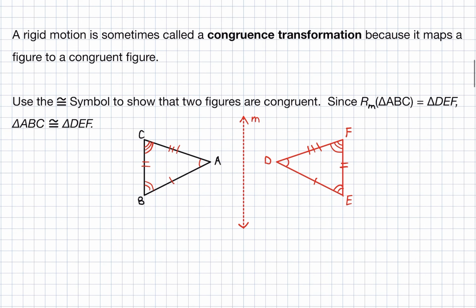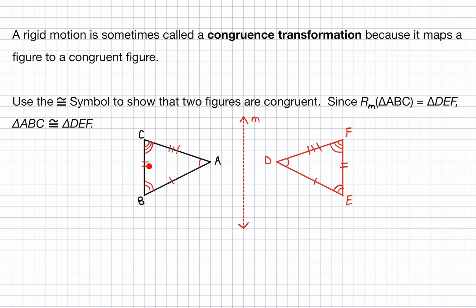Now notice the markings here on triangle ABC. Okay, so we've got a bunch of things going on here. So we've got this slash mark for segment AB, and we also have this one slash mark for segment DE. And basically this hash mark means that segment AB is equal to segment DE. They're the same exact length.